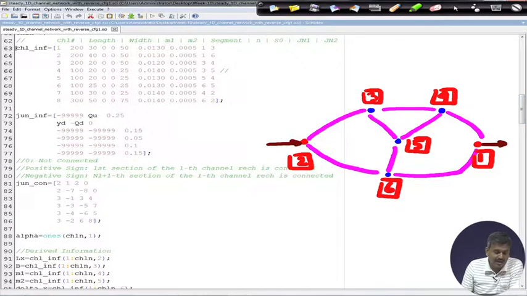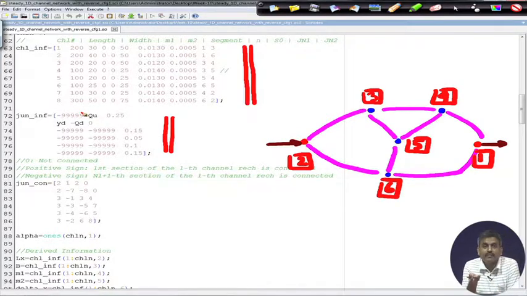This is channel information matrix. This is junction information matrix. First column is your specified depth conditions, second column is specified, this is 1, 2 for discharge, and third one is for elevation.